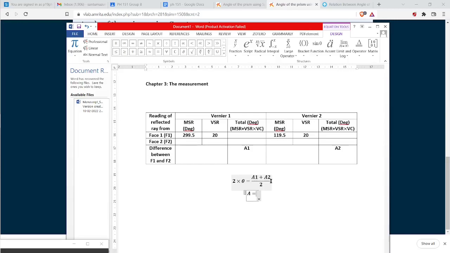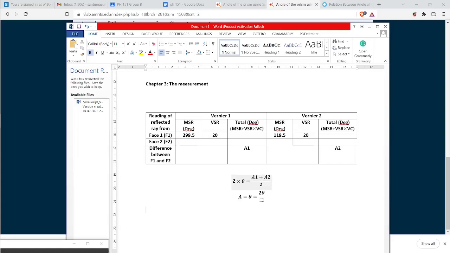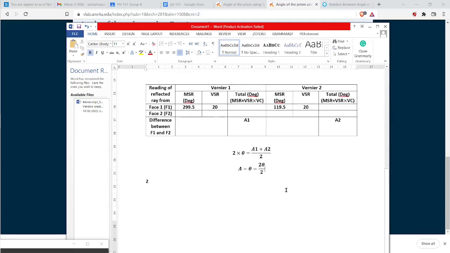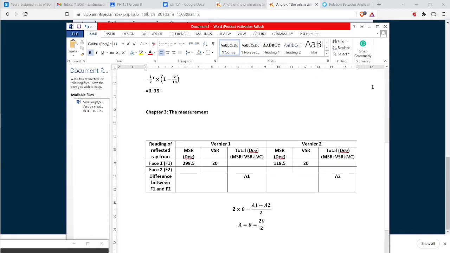That means whatever you get for 2 theta, divided by 2. That's it. So in this way you can find out the angle of prism.